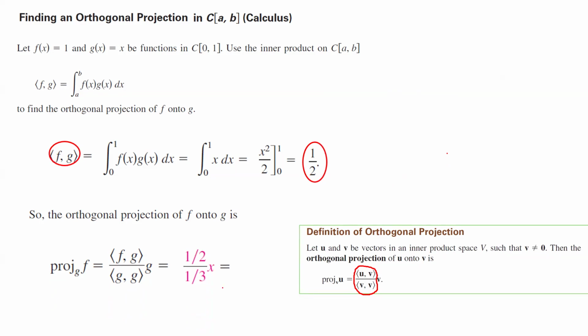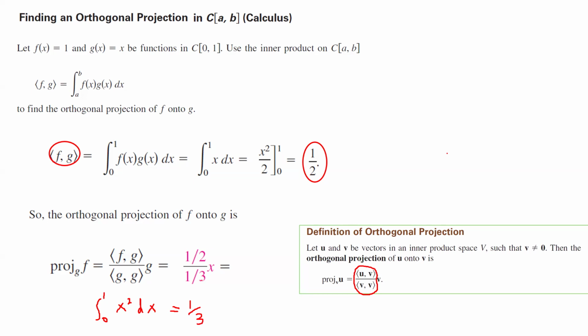A third is just the inner product between g and g, which is the definite integral from 0 to 1. g is the function x. x times x gives you x squared dx. We just proved this in a previous example, which is going to be a third x cubed, or just a third. This should be easy for you to calculate. We're going back to calculus. So this goes on the denominator.